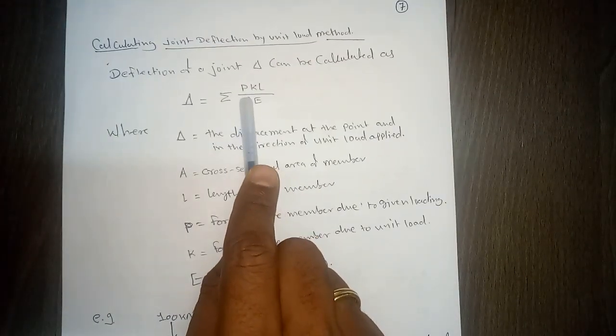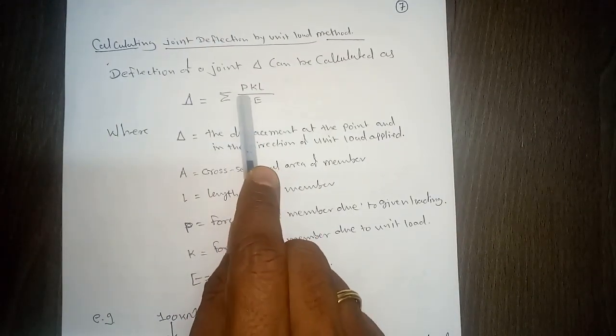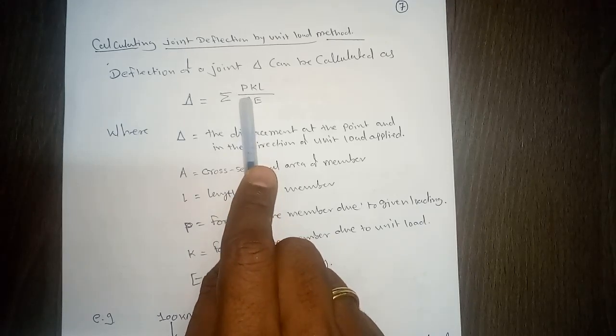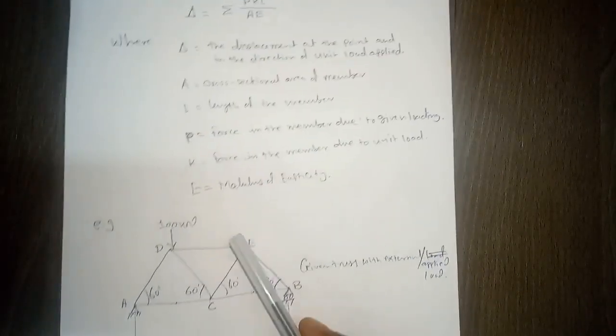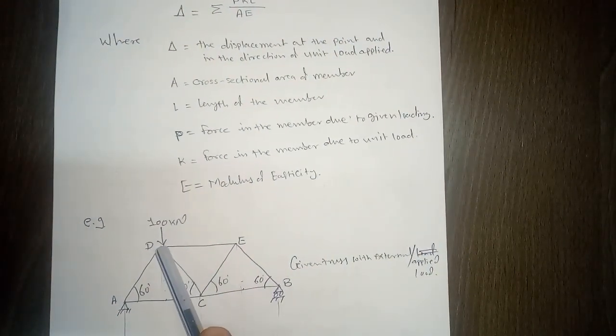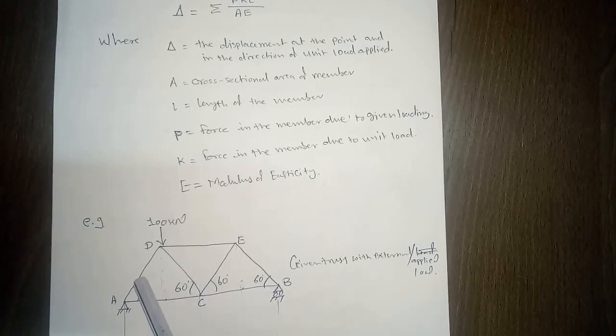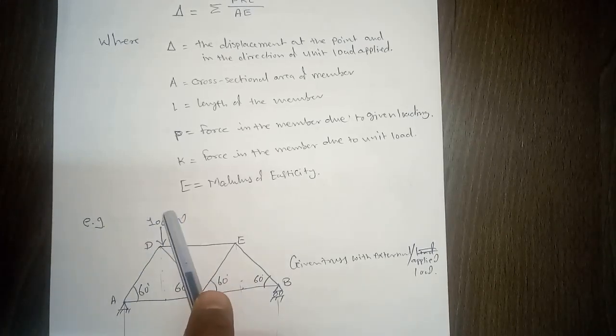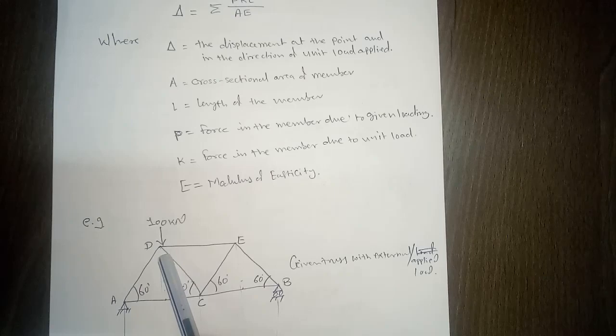Here you should remember very carefully, P is the member force. We already calculated that member force due to the external load, right? So we have to calculate the force in each member due to this external load. Here we have only one external load. Even if there are more, you should consider all external loads.